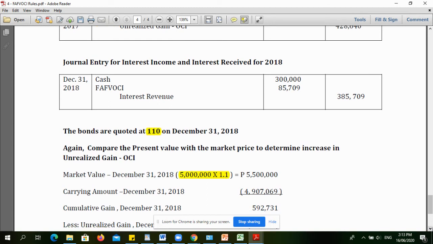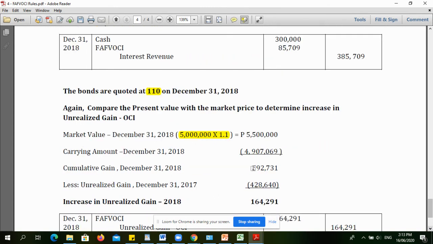I want to clarify. What we get here is only the cumulative gain. The cumulative gain is 592,731. It means that as of 2018, this is your total gain.